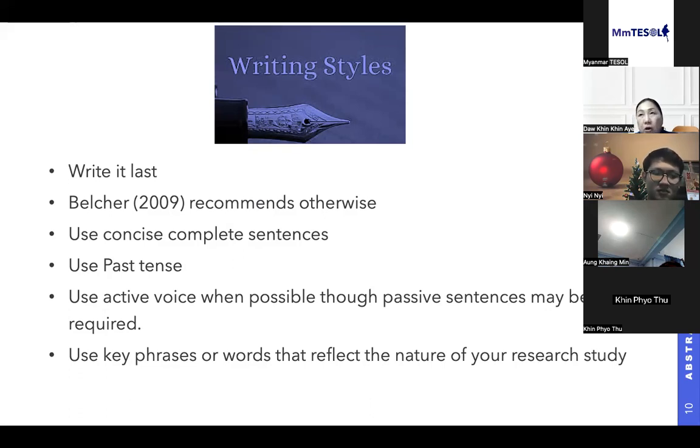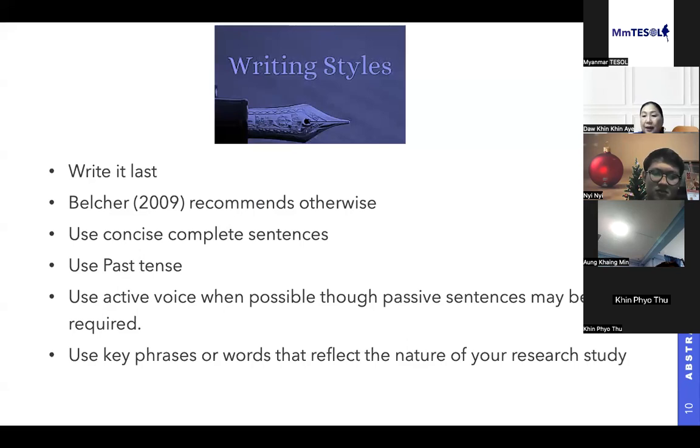Now, normally people used to say that because research is very objective, we keep a distance between the researcher and the research itself, the research that we carry out. So it should be objective and impersonal. So we normally use passive to show this kind of distance.